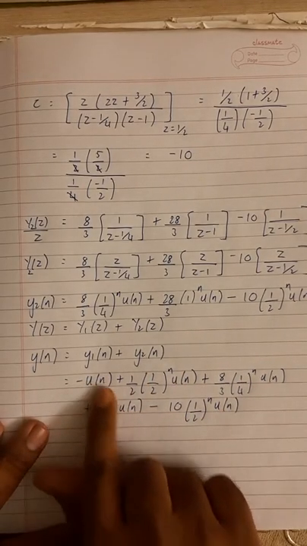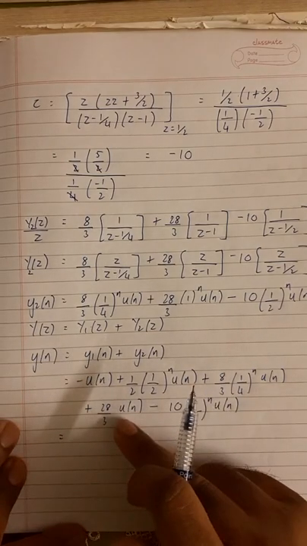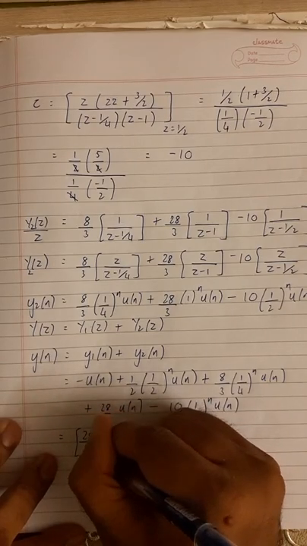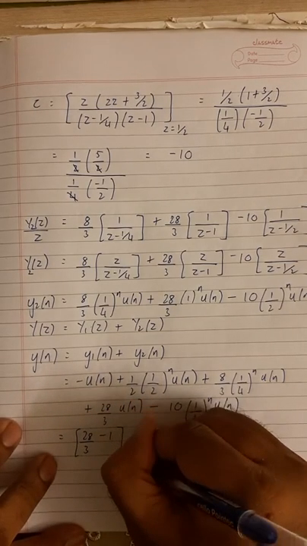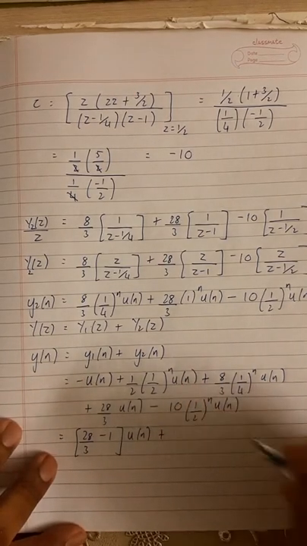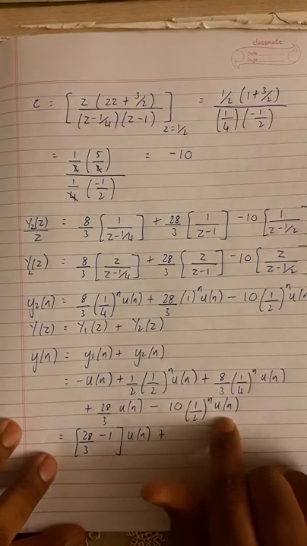Maybe I can join these into one value, right? So maybe I can take u(n) common over here. So this will become (28/3 − 1) into u(n). Plus, maybe I can combine these two also, because these two have the same base, except the last one.